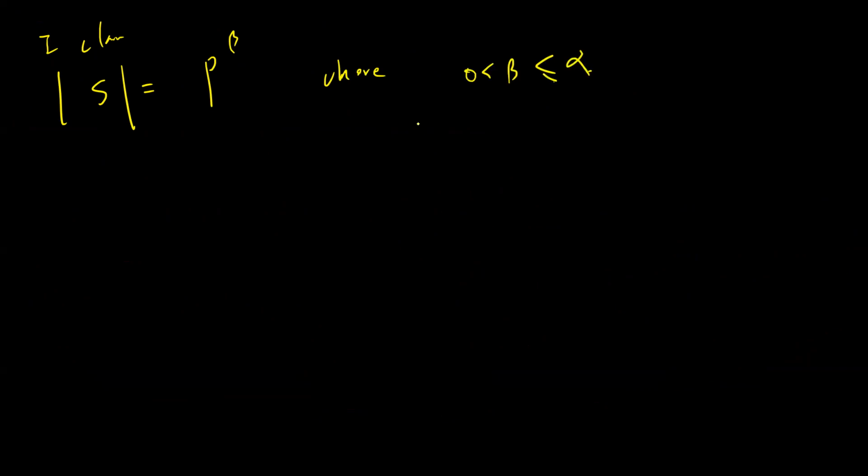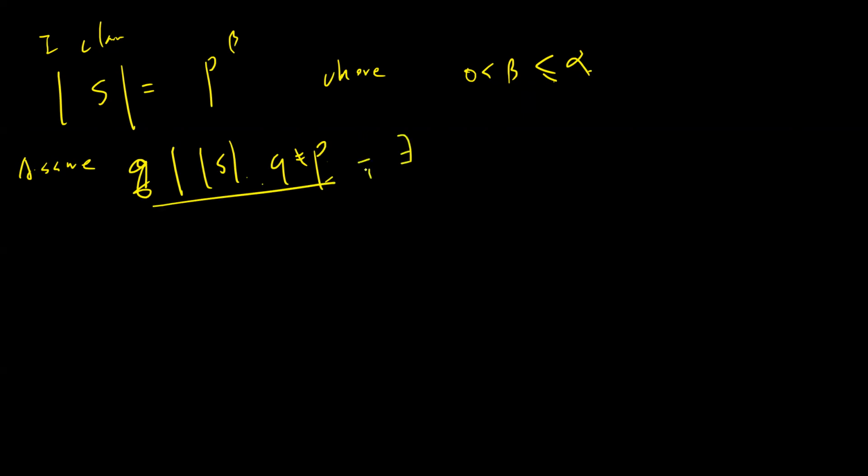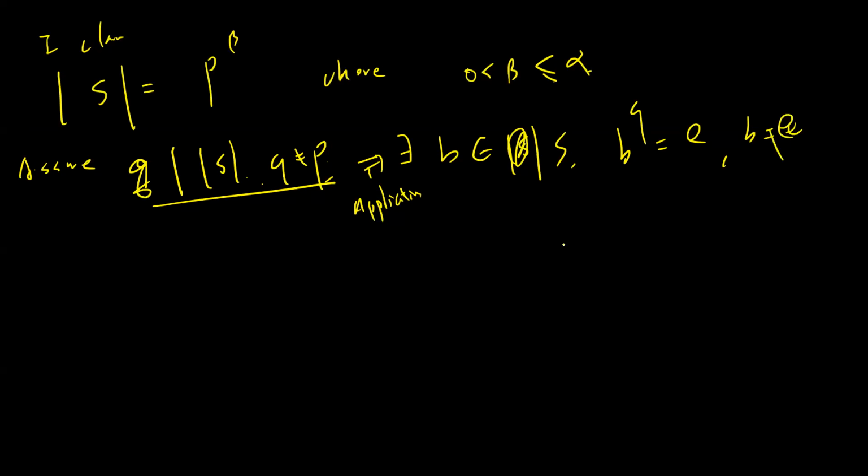In order to prove it, let's assume that you have a prime Q which divides the order of S, but Q is not the same as P. This is our assumption, and we want to prove that there is a contradiction. By the Cauchy theorem for abelian groups, there is a B belonging to S such that B to the Q is identity, and B is not the same as identity.